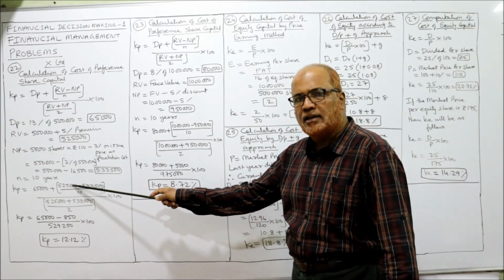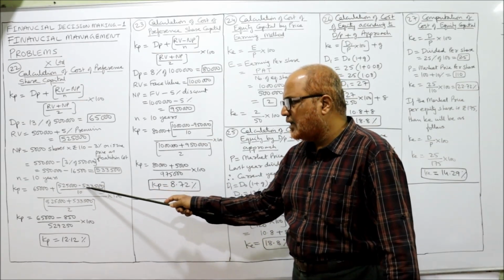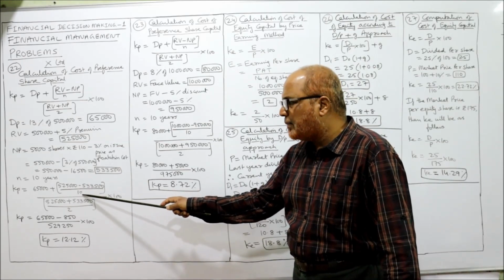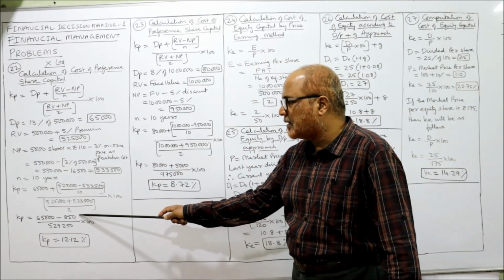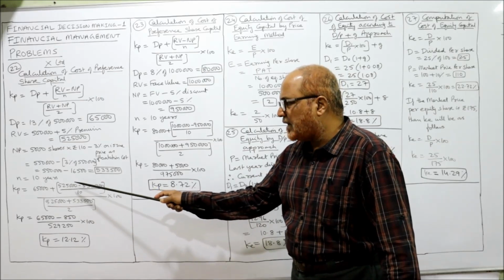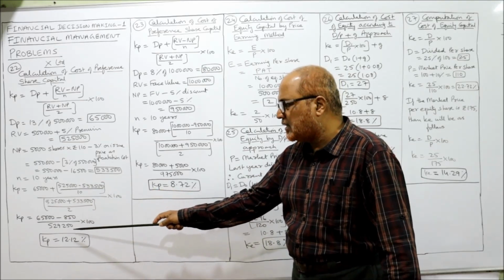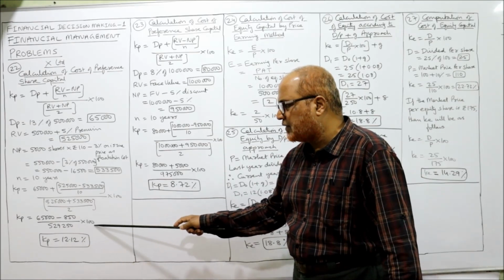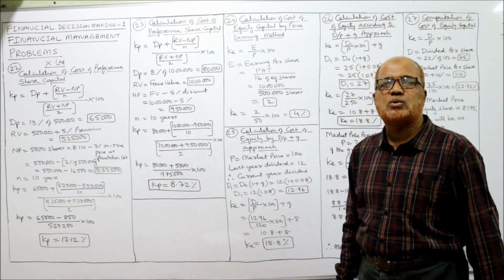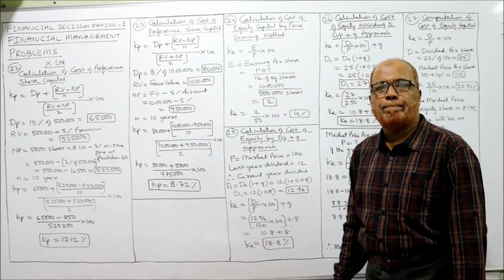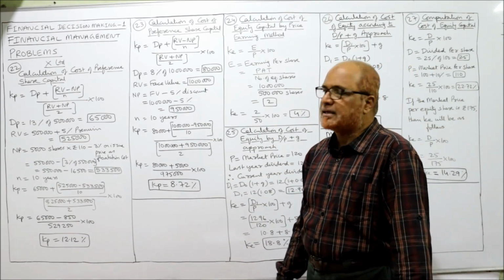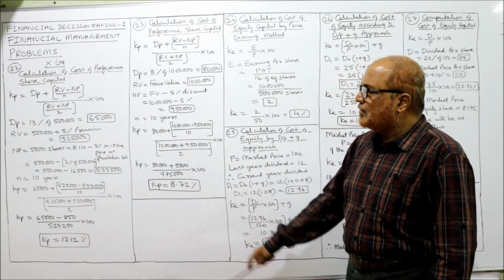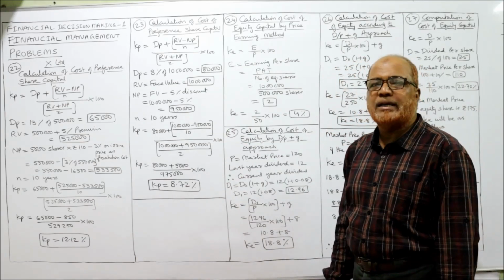In the numerator, minus 8,500 divided by 10 gives minus 850. So 65,000 minus 850, divided by 5,29,250, into 100, is 12.12%. So 12.12% is the KP. That's it. We have completed problem number 22.